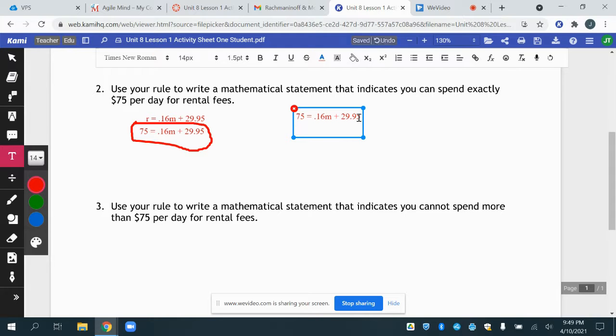I take $29.95 from the left side and $29.95 from the right side.